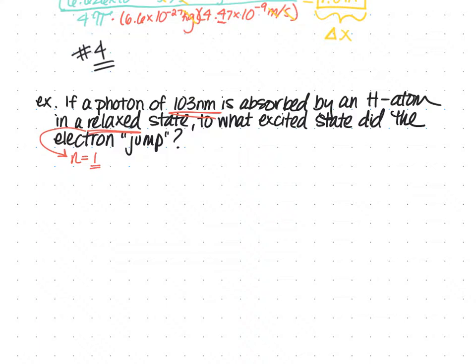1 is the relaxed state, the most relaxed state of the hydrogen atom, when the electron is at n equals 1. To what excited state did the electron jump? So that's telling you that you're solving for n final. I want to know what n final is. Okay, so we know several equations actually, so there's various ways that you can approach this problem.